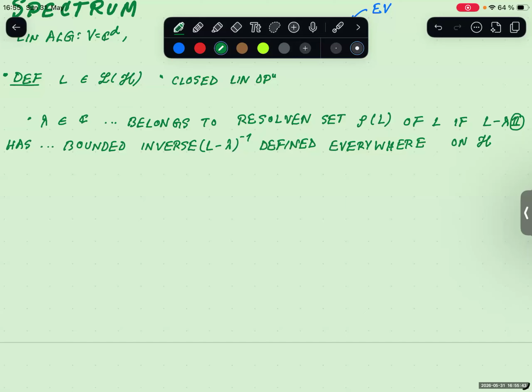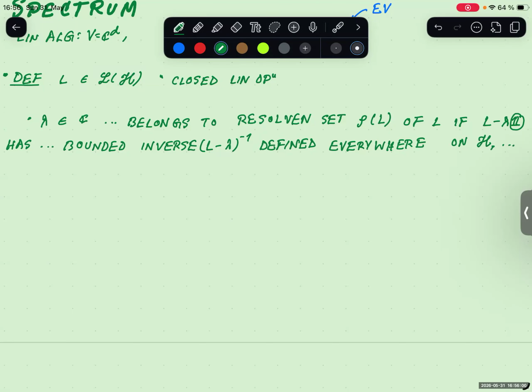Okay, so lambda belongs to the resolvent set of the operator if the operator L minus lambda has a bounded inverse defined everywhere on the Hilbert space.